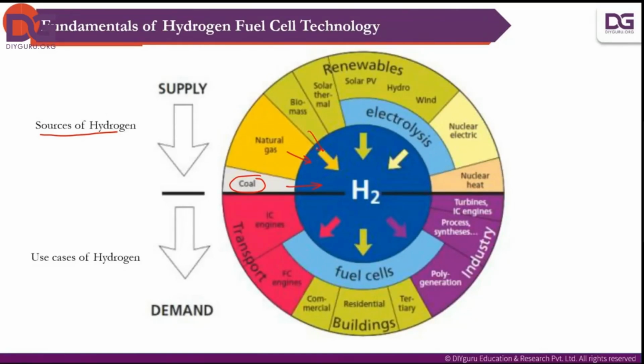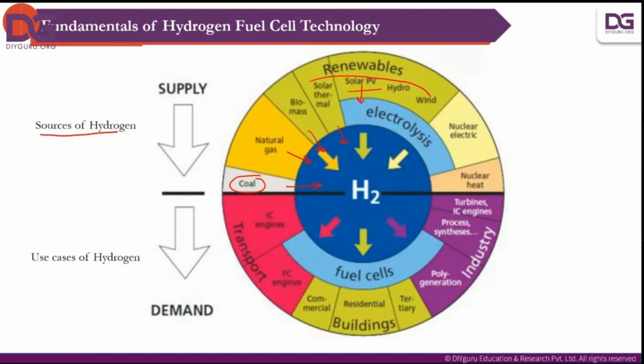From biomass, hydrogen is available in most of the parts, we just need to extract it. From biomass energy, and from solar and thermal energy we can do this. These are some renewable energy sources. From solar thermal, from solar PV photovoltaic cells, like a solar power plant, we can use that energy with the electrolysis process.